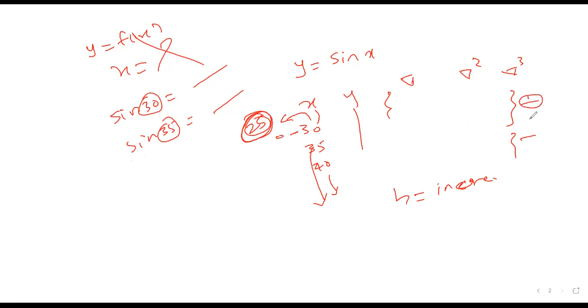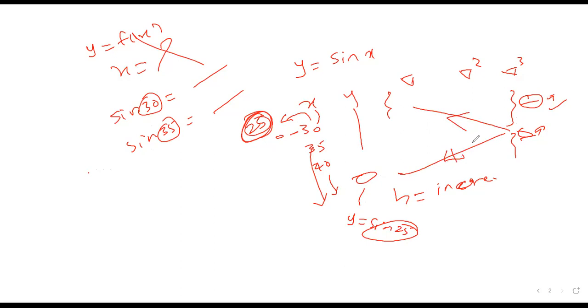Okay. So what that mean is, after this one, you will have some common values. Let's say A. Okay. So let's say this is my A. You can find what is A. Then you can use it to find the y value. Okay. y is equal to sine 25 now. To find the sine 25, you have to come backward. Okay. You have to go this way. Oh, 25 is here.